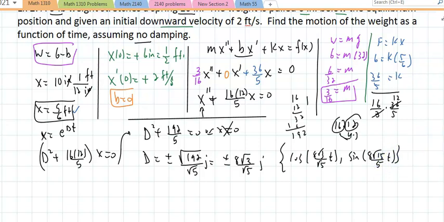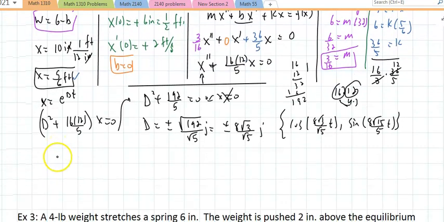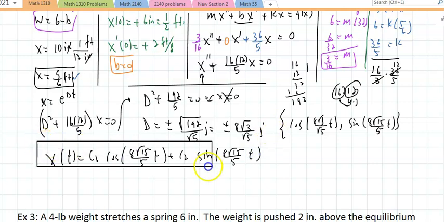Either or. So the last step is to find the coefficients. We know that x of t is c sub 1 cosine of 8 radical 15 over 5 t, plus c sub 2 sine of 8 radical 15 over 5 t. That is my general solution.